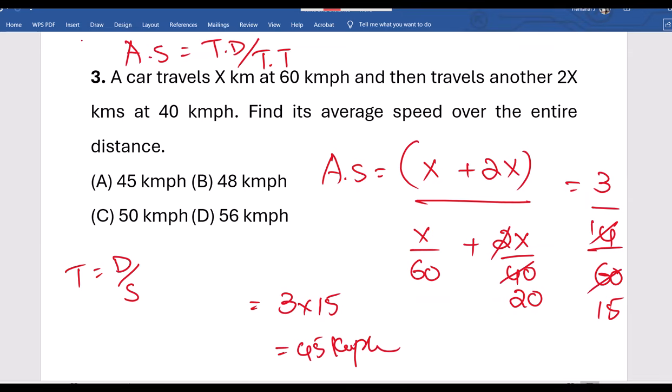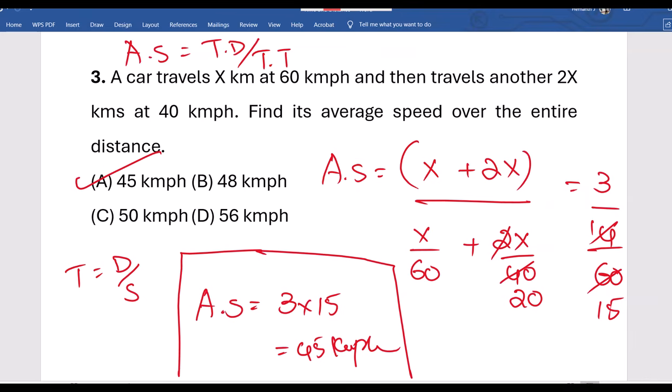That's it. No formulas, nothing. Very simple point. Average speed is total distance divided by total time. In the denominator, are you understanding what is that x by 60? Are you clear with that x by 60? What is that 2x by 40? Then 4 by 60, how did you get it?